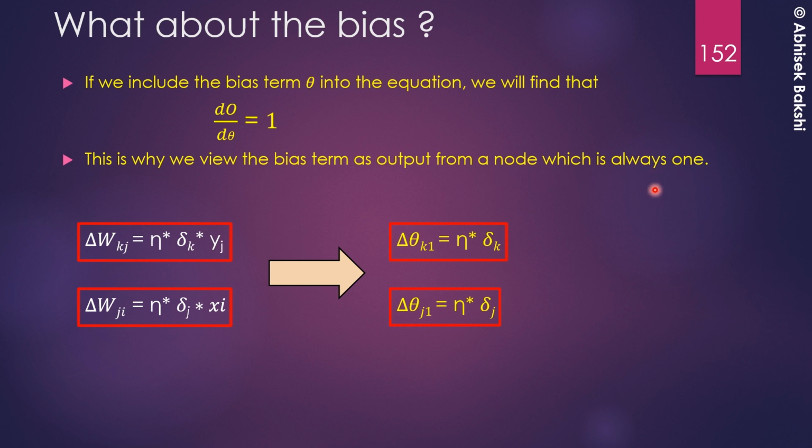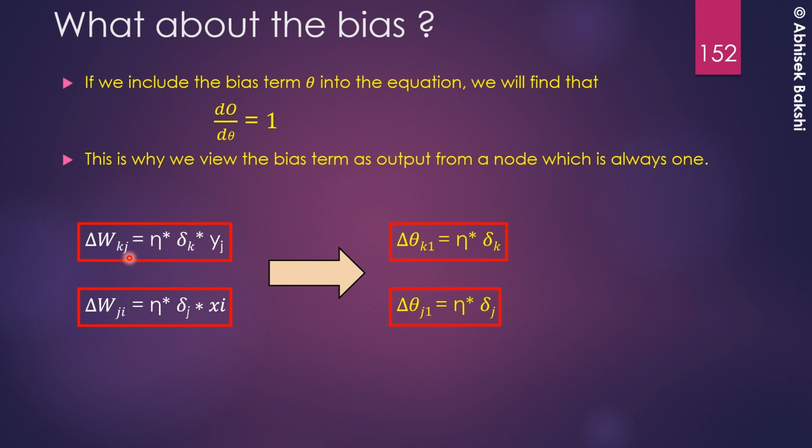So that means, just like delta wkj equals eta into delta k into yj, which is representing the change of weight between the hidden layer and output layer, similarly, in the hidden layer we have a bias.